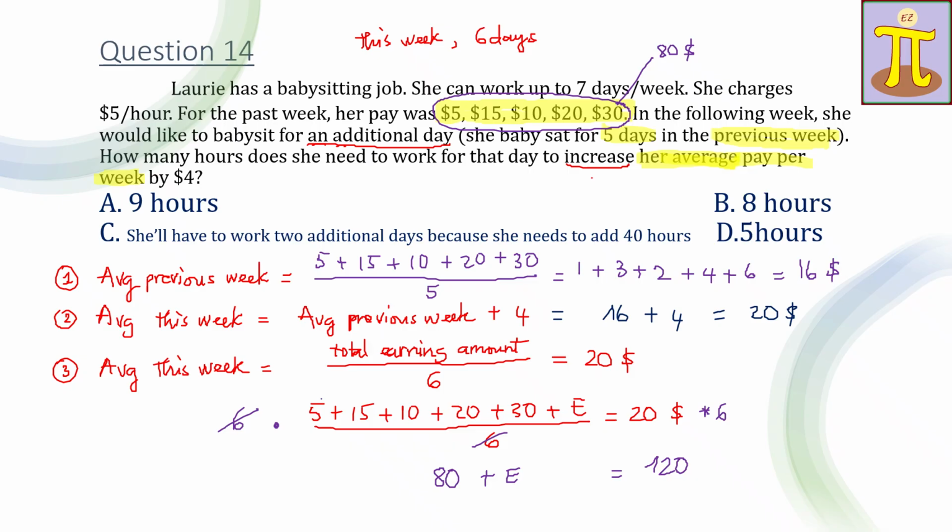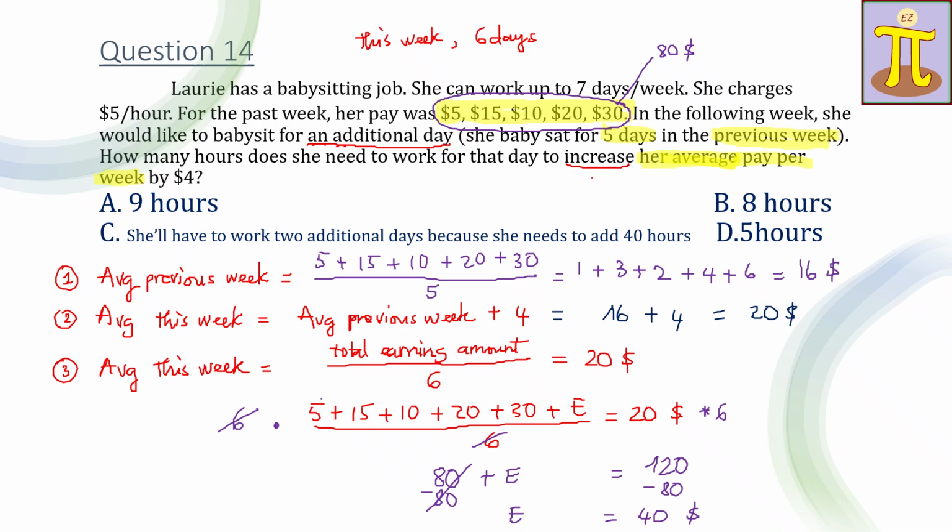So now we subtract 80 from both sides. This one is gone. We have E is equal to $40. So for that additional day, she will earn an extra $40.